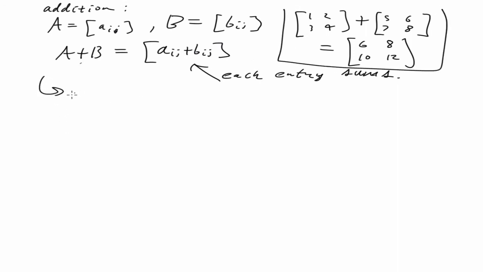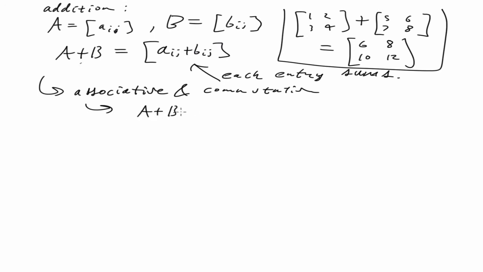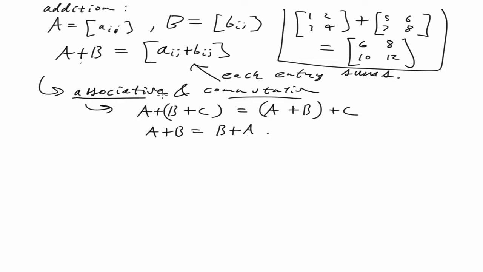And of course, this is associative and commutative. That's because (A plus B) plus C is going to be equal to A plus (B plus C), if we had another matrix C. And also A plus B is equal to B plus A. So we have the associative and commutative properties.